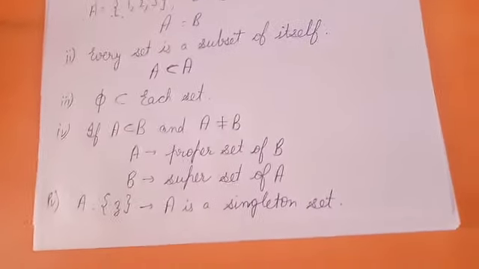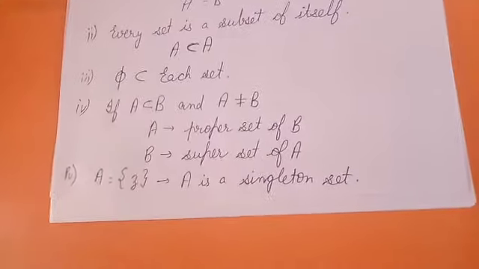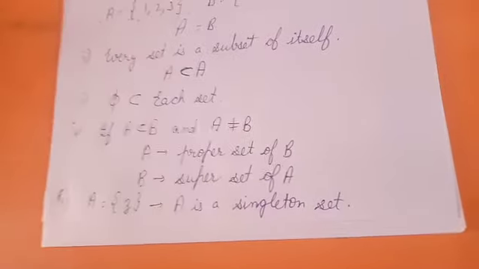Now you can solve example number 9, 10 and 11. Example 11 we can solve now. 9 and 10 you can solve on your own. Example 11 is, let A, B, C be 3 sets.